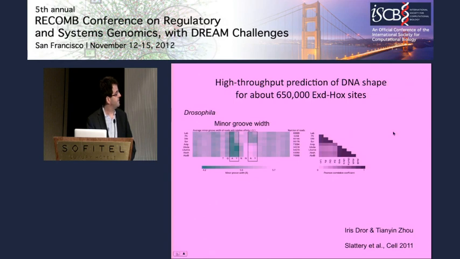And we found that the 4 anterior Hox proteins have 2 narrow regions in the center of the core motif, whereas the posterior Hox proteins have only 1 narrow region in this region, and here a widening of the minor groove. And we showed with Pearson correlations that these different shape patterns that were selected are distinct.